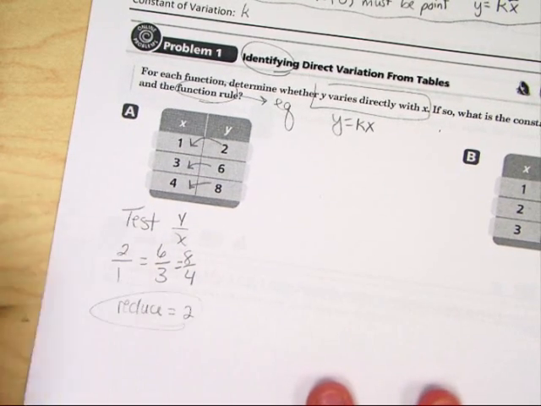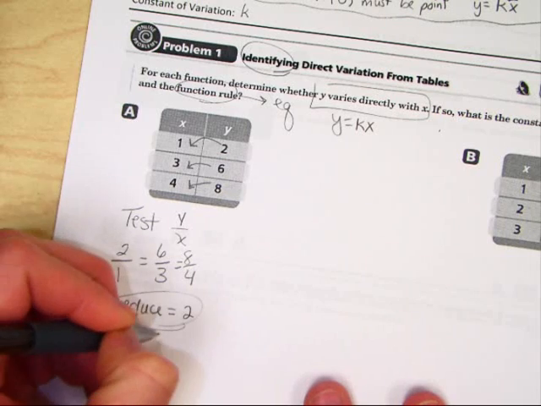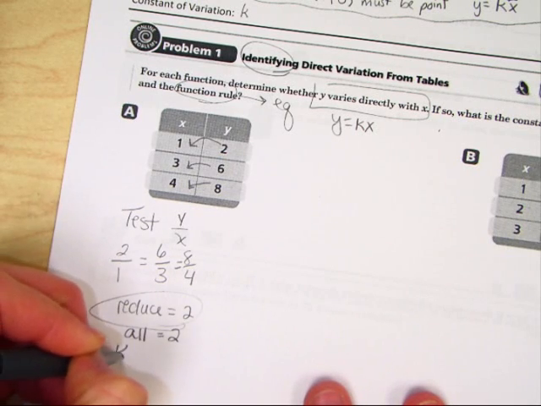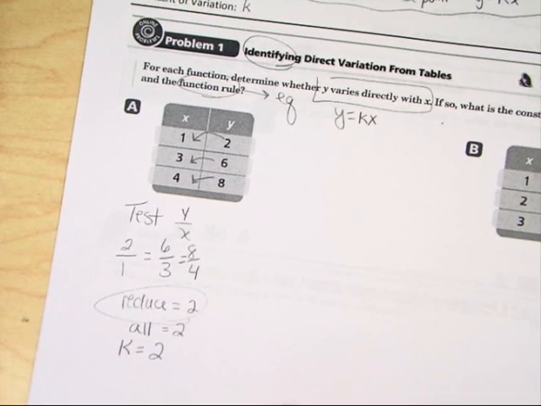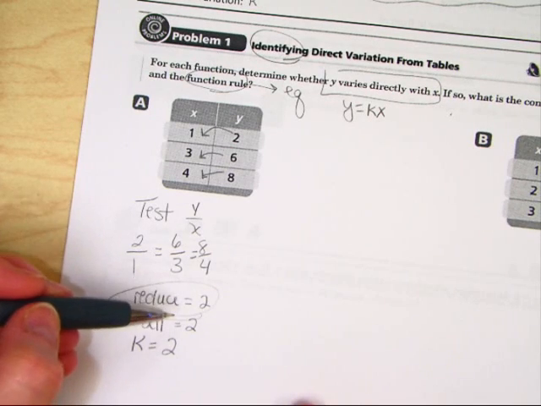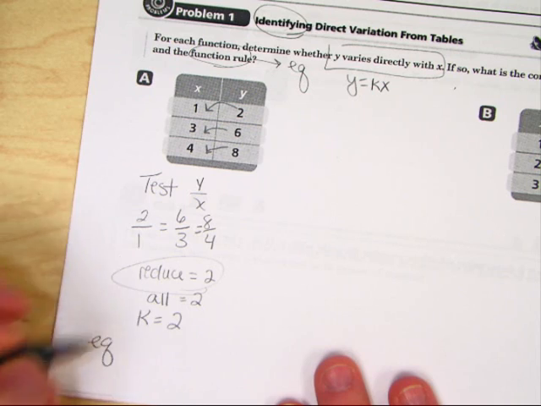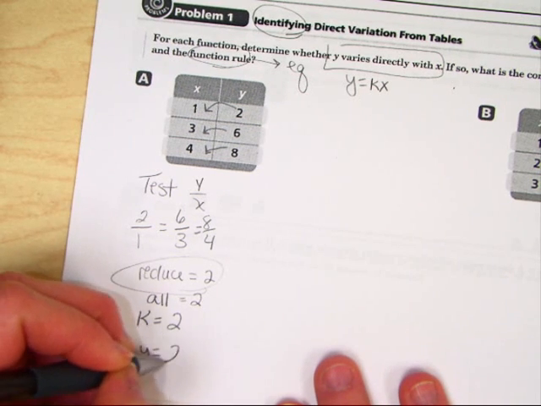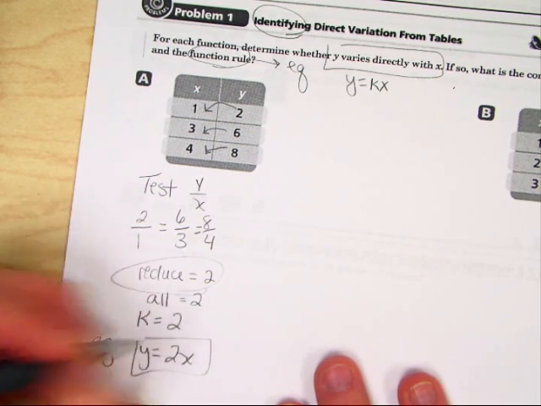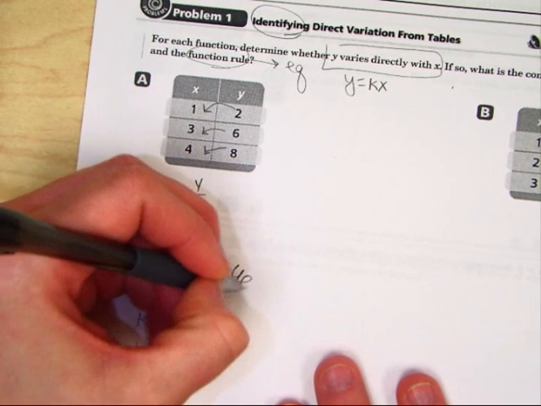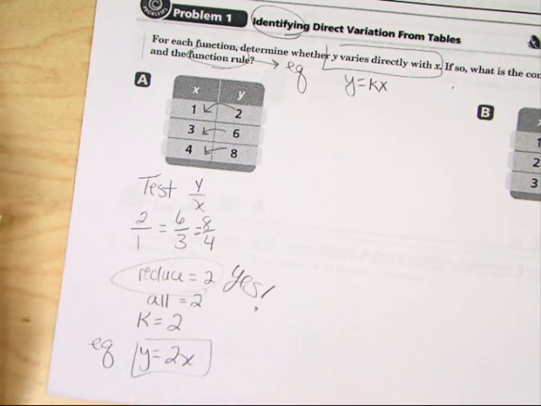If they all equal 2, that means k is 2. That's pretty easy, right? So for our equation, or our function rule, you write y equals 2x. And it's just simple like that. So we say yes, they do directly vary, and the equation is y equals 2x.